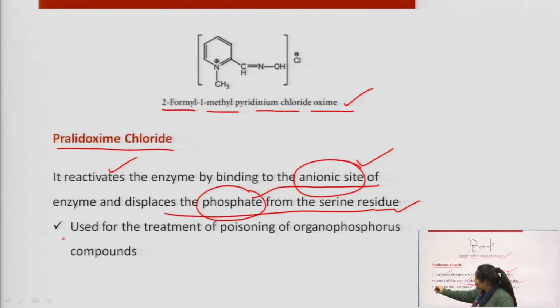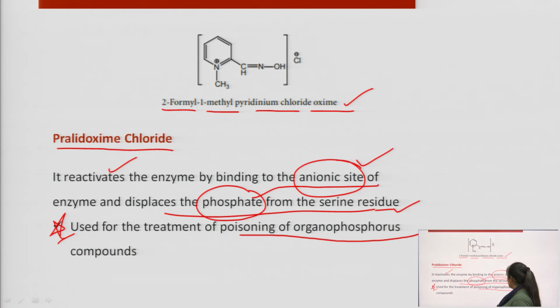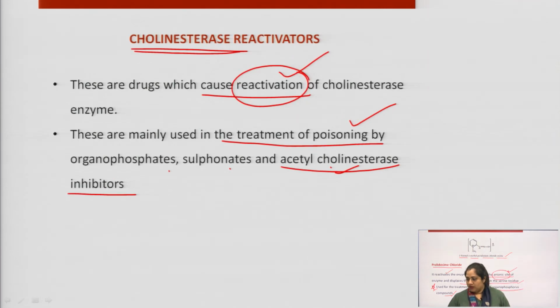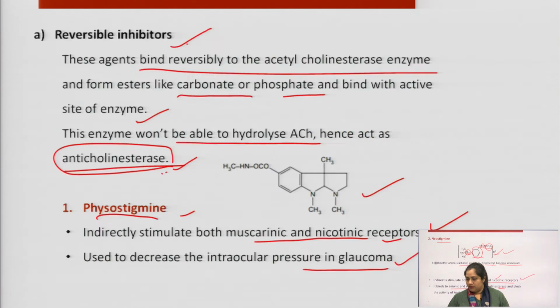The main function of pralidoxime is to treat the poisoning of the organophosphorus compounds, those which have produced the cholinesterase inhibitor action.